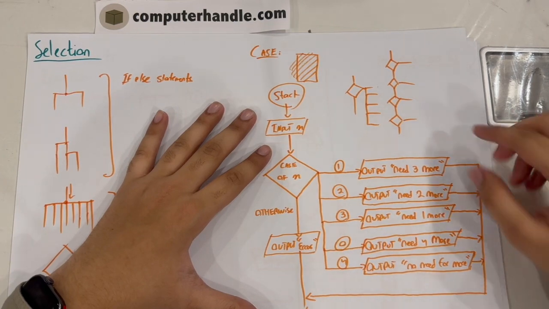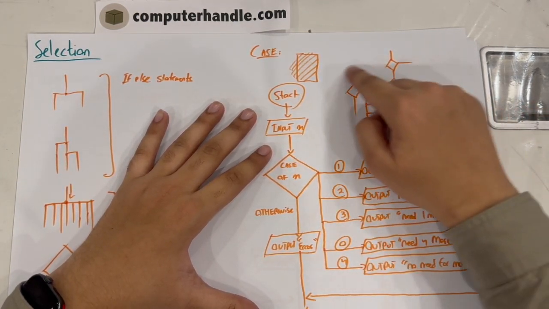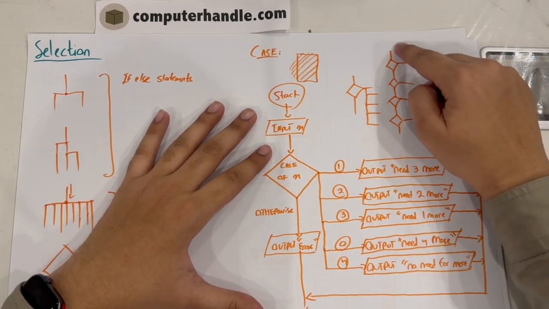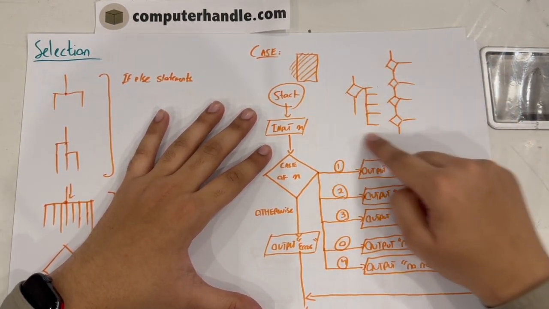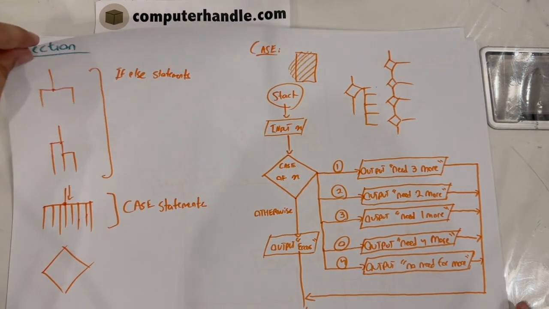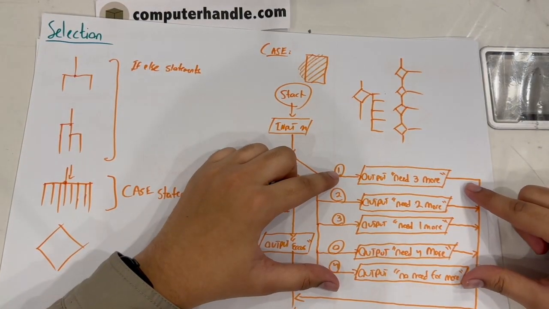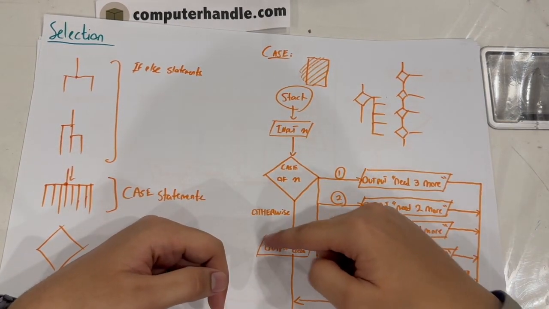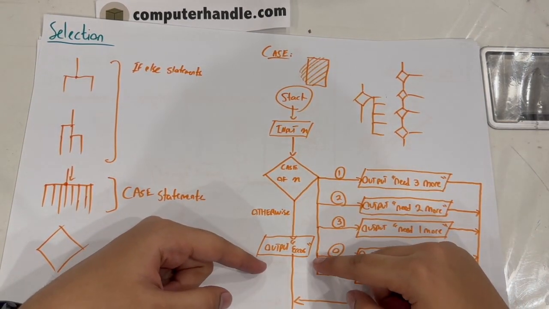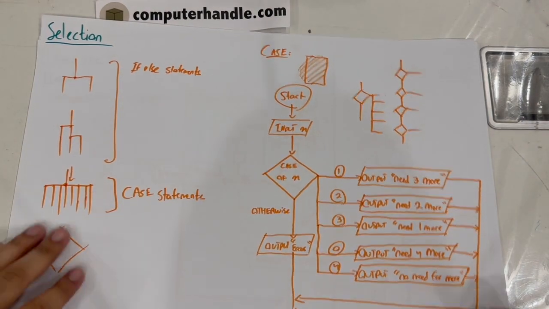Using case statements in multiple scenarios is way better than using if-else statements again and again, as case statements help you save some space. And if none of these are true, it will head on to the otherwise part to perform your set processes or input-output, and then it's going to end the program.